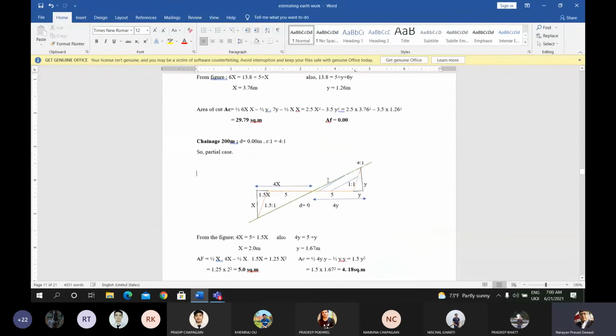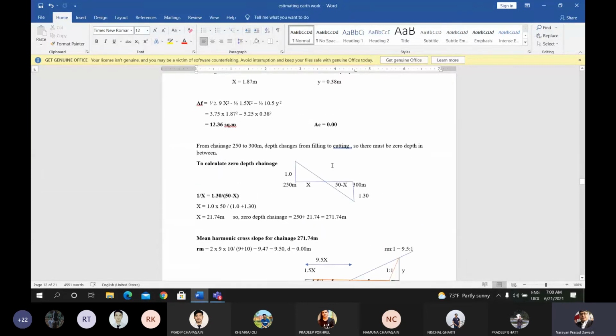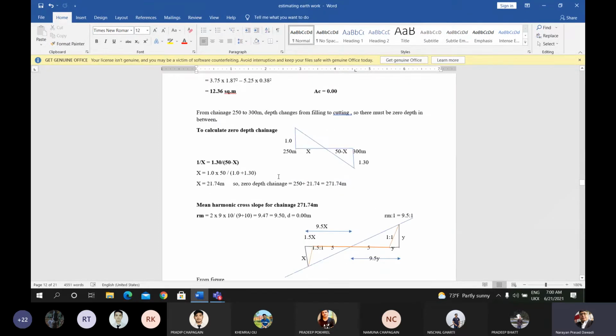For calculating the zero depth chainage, between 250 meter and 300 meter, the vertical line is 1 meter for the filling and 1.30 meter for the cutting. Join this line, you will get the double triangle, and do the calculation for getting the chainage. 1.0 divided by x is equal to 1.3 divided by 50 minus x.